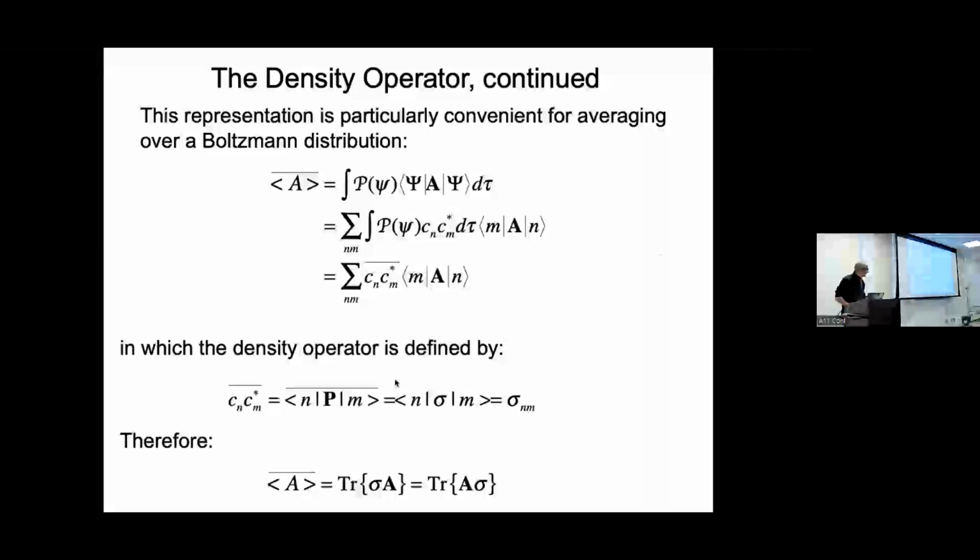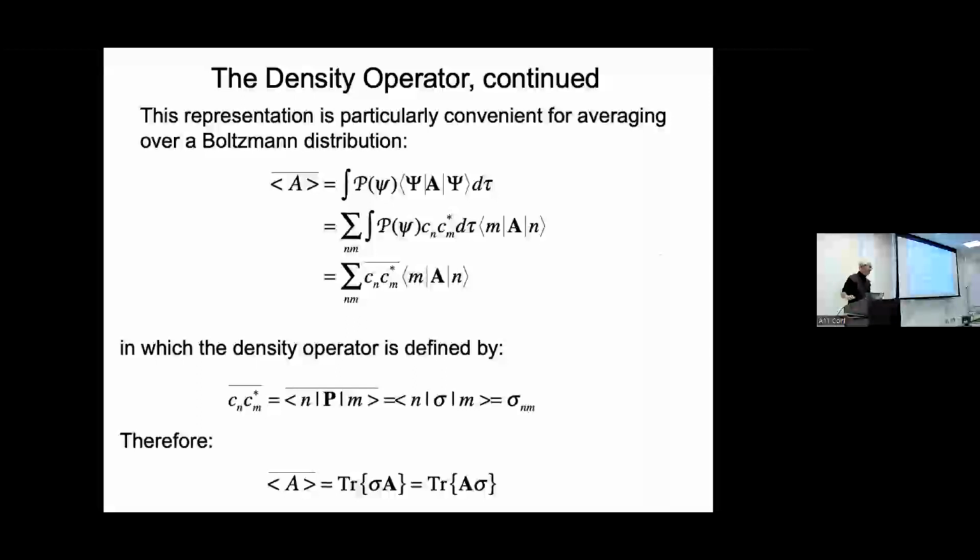So now that means I have some operator that's the average of this projection operator, and I'll call that the density operator, sigma. So all the Boltzmann averaging gets buried into sigma. And then we don't have to do the 10 to the 11th calculations. If we know how to calculate sigma, we're done.